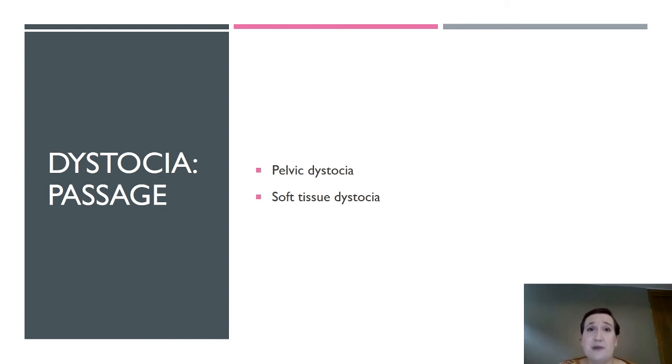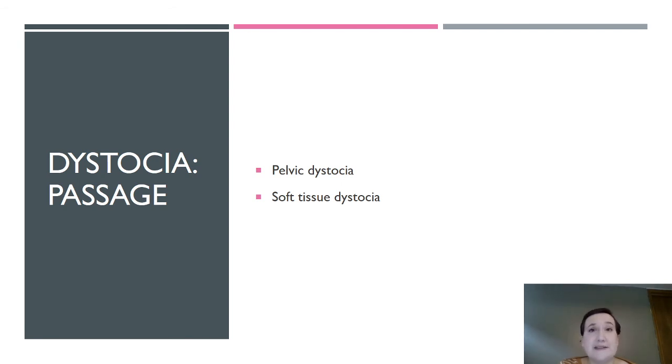Usually those can be picked up on prenatal ultrasounds. We would usually have some sort of clue that they're there. But if we, once again, haven't had adequate or complete prenatal care, that might be something that is missed. So those uterine fibroids can definitely prevent labor from happening. I mean, it's an obstruction.